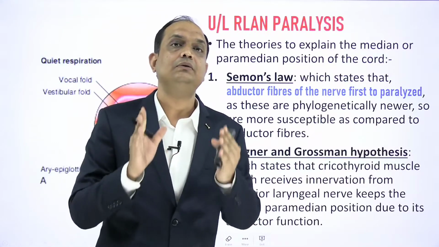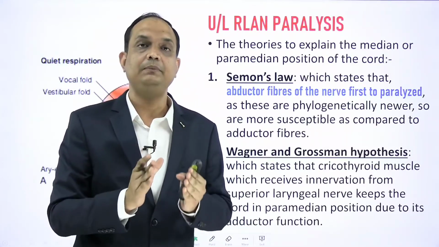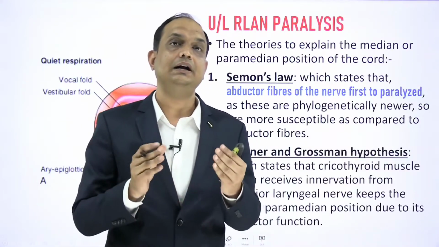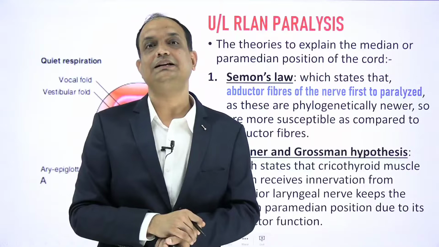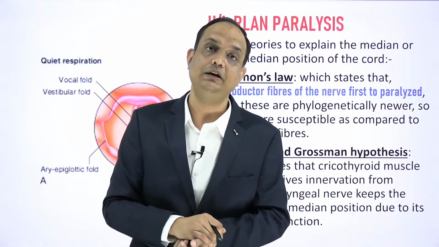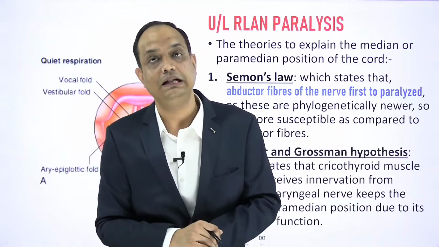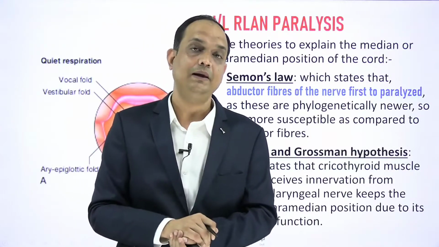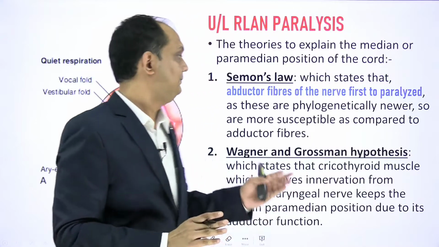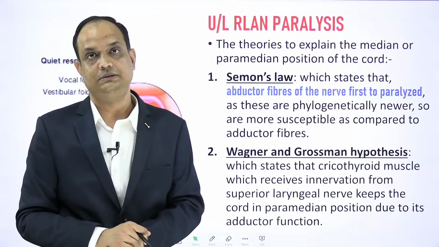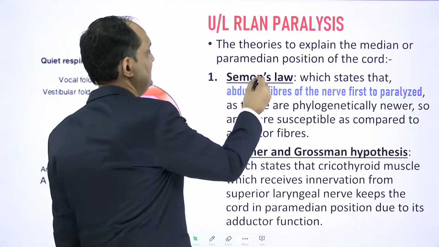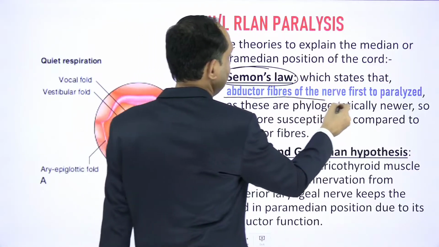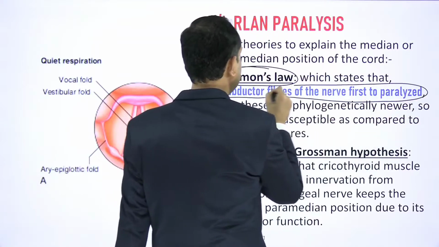Why does the vocal cord remain in paramedian? Because you may ask a question that the adductors are also not working. The adductor, like lateral cricoarytenoid, is also supplied by the recurrent laryngeal nerve, and that muscle is also paralyzed. But the answer is behind these two theories. Now the first theory is given by Simmons, and Simmons law says that the abductor fibers of the nerve are the first to paralyze.